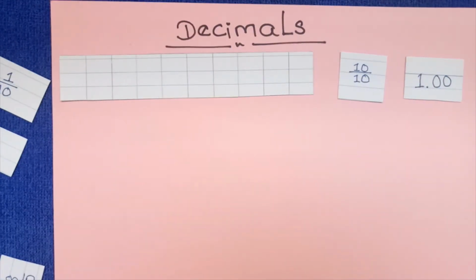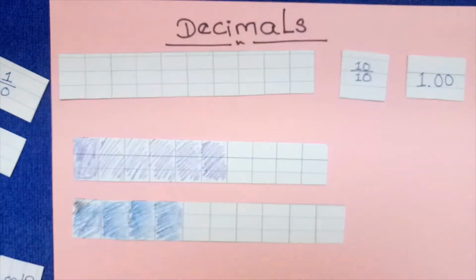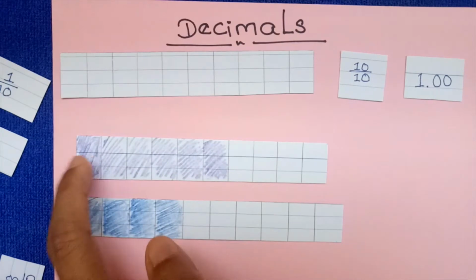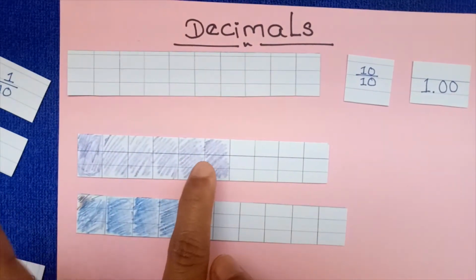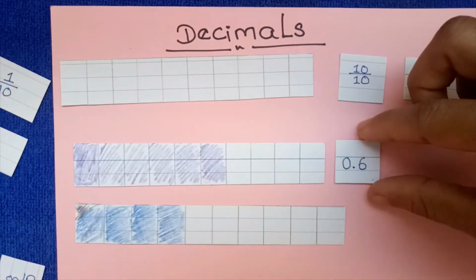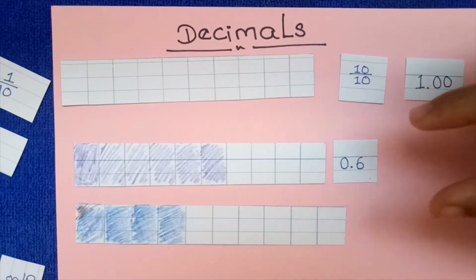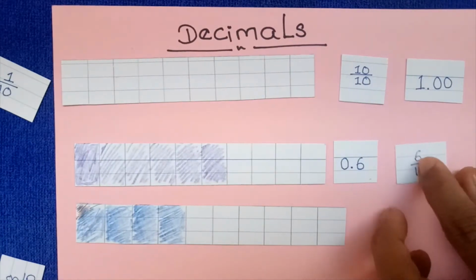I will put two pictures. You have to find the decimal. Count fast. 1, 2, 3, 4, 5, 6. Decimal first: 0.6 or 6 tenths. And the fraction is 6 by 10.